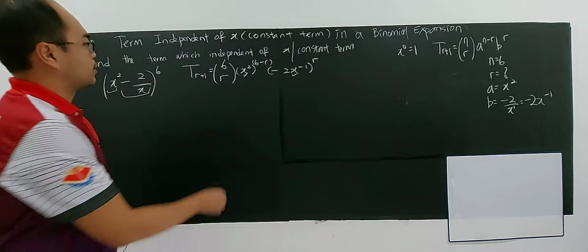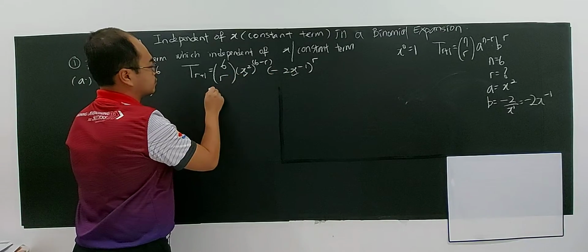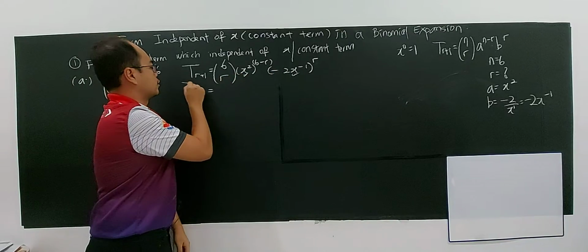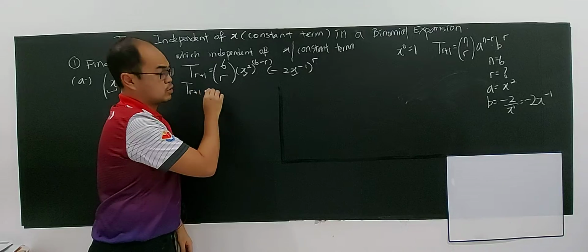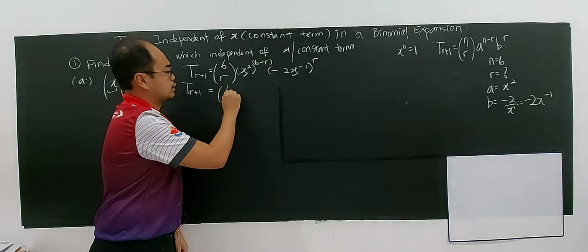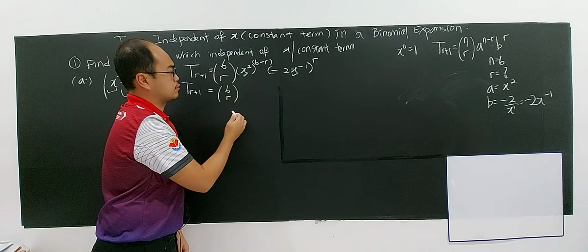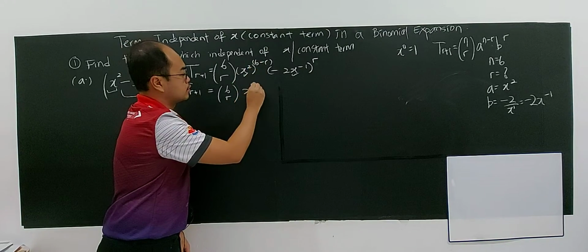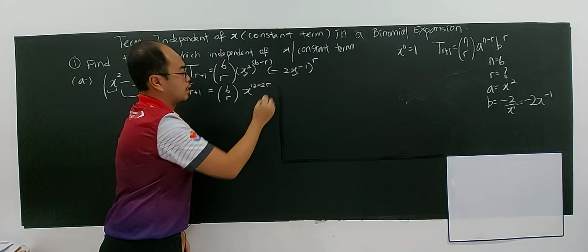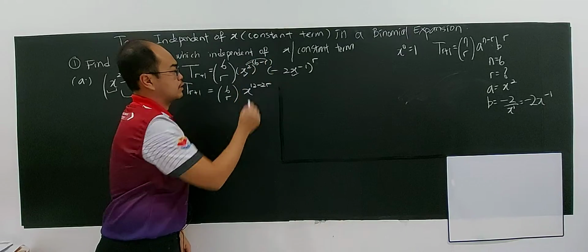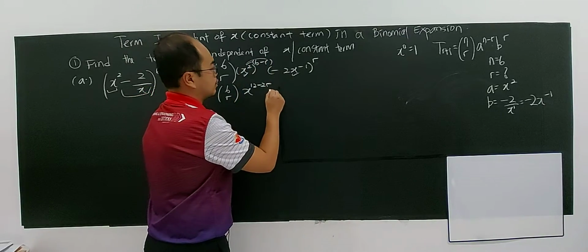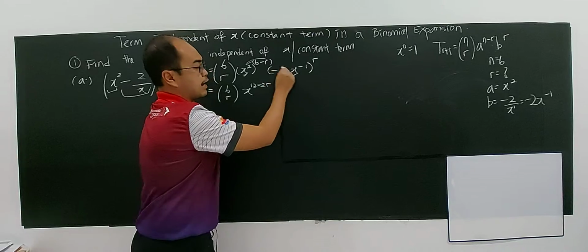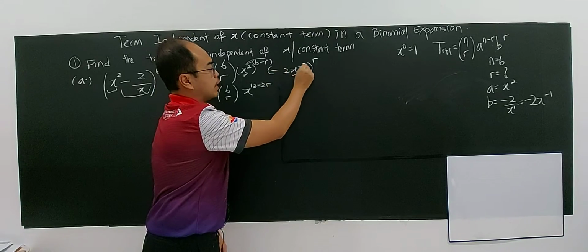Because you have to do some index work first. Be careful for this part. Students always make mistakes here because of a lack of knowledge of index laws. So 2 times 6 is 12, and 2r, right? I have to multiply inside: 12 minus 2r. There is a negative 2 here and x to the power of negative 1.